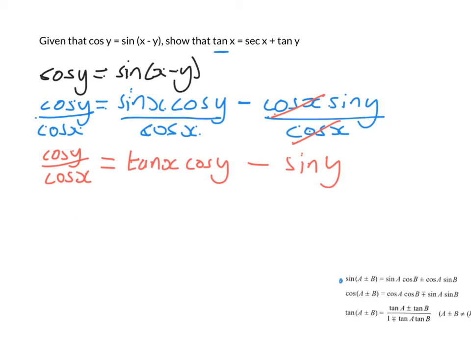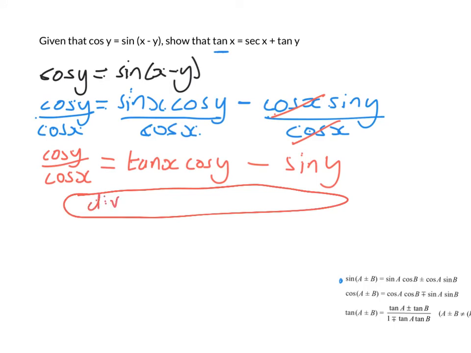Okay, I've just moved my formulae out the way to give me some room. So what am I going to do here? Well, let's have a look. I'm going to divide everything by cos y. I'm just showing that so I can explain what I'm doing.